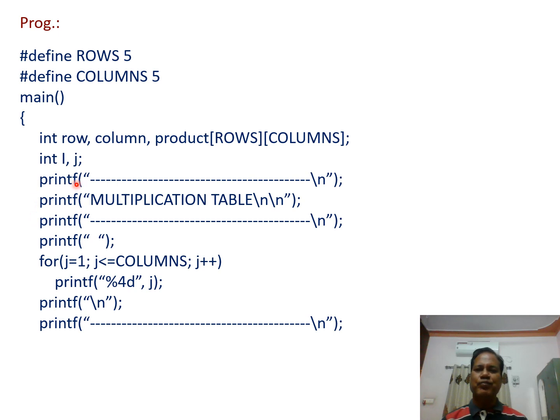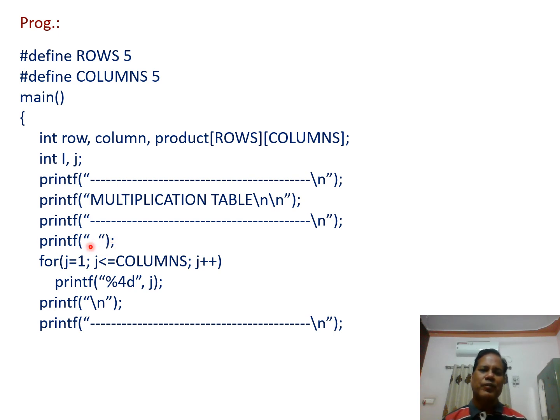Then printf just prints a line on the output screen, and \n brings the cursor to the next row, and in the next row the multiplication table is printed, \n. It brings the cursor 2 rows below, and again this printf statement prints a line of dashes, and again \n brings the cursor to the next row.